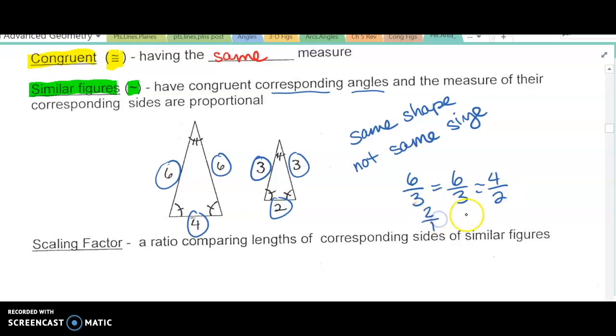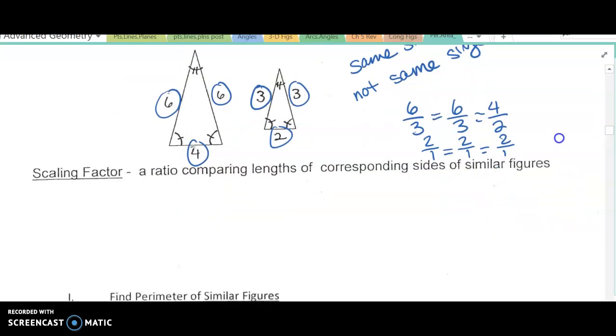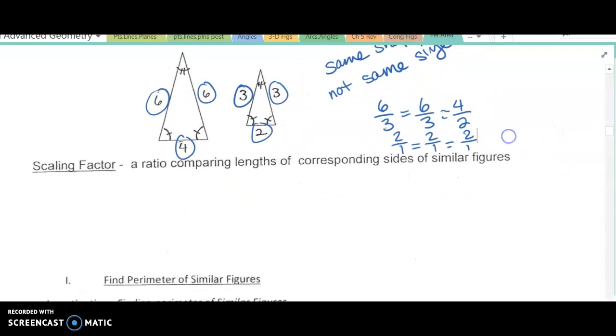That's what it means to be proportional, is that their ratios all reduce to the same amount. So scale factor is just this reduced amount that we're talking about here. This is a 2-to-1 ratio. It's a 2-to-1 scale factor. 2 over 1 or 2 would be the scale factor.